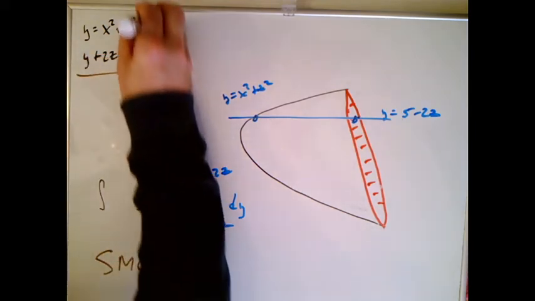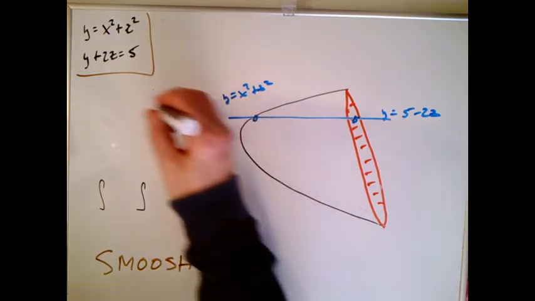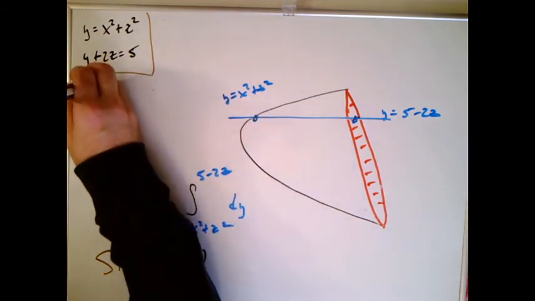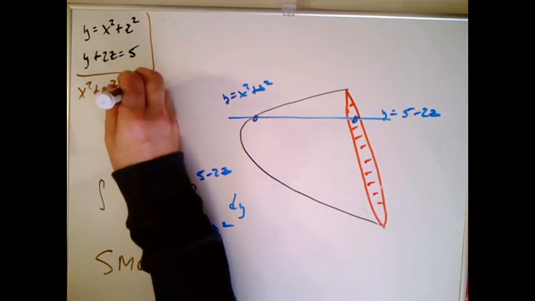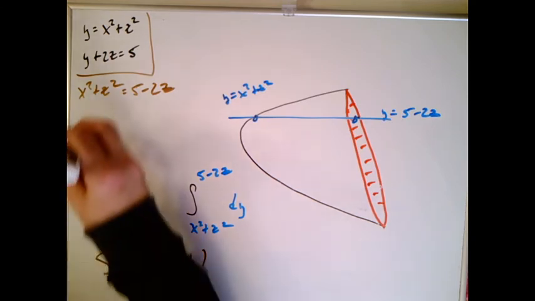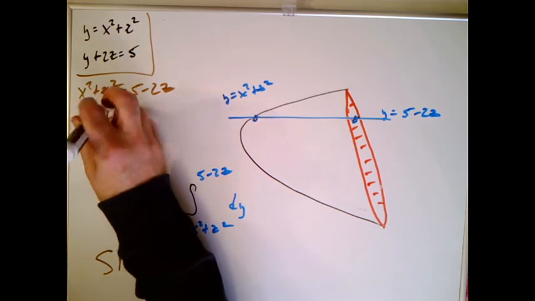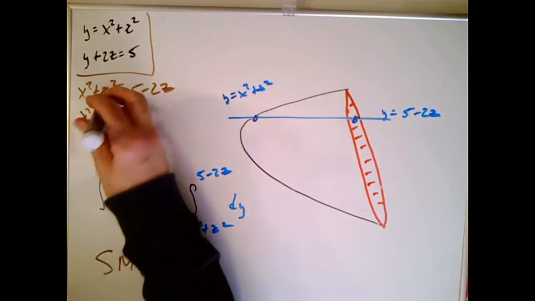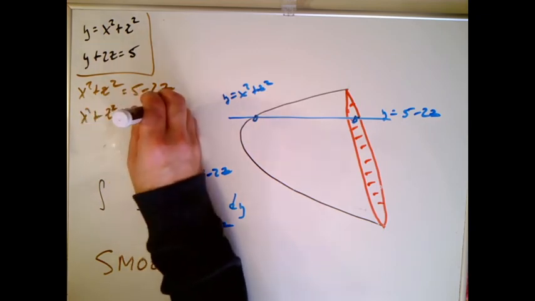The equation of that circle is where the two surfaces hit each other, so I'm going to set the y for one, which is x squared plus z squared, equal to the y for the other, which is 5 minus 2z. Fortunately, that's just algebra. I'm going to bring the 2z over here, so this is x squared plus z squared plus 2z equals 5.